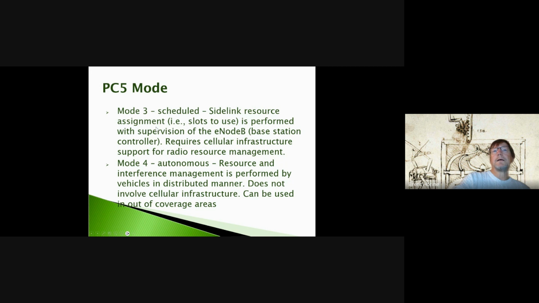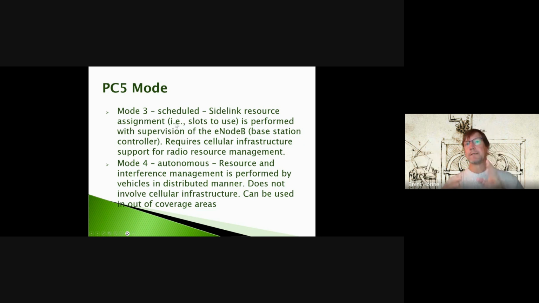But if you're in the coverage area and you can connect to the base station, then the base station will take on the role of allocating things, right? And tell each car which of these resources to use: spectrum, time and spectrum resources. And this, of course, requires cellular infrastructure support for this radio resource management.